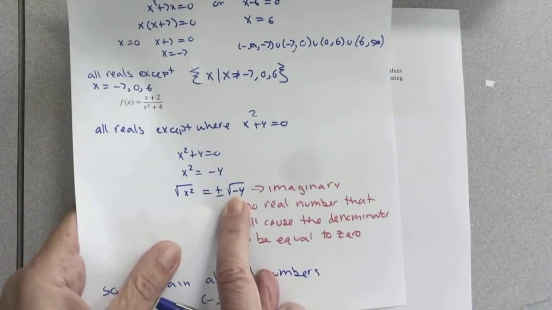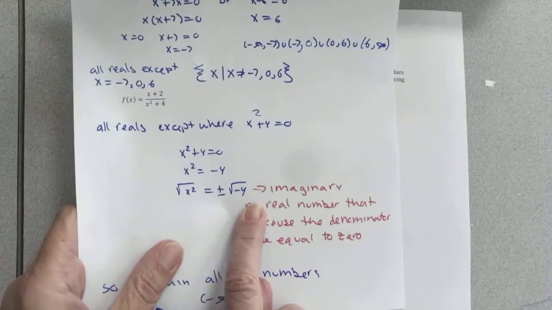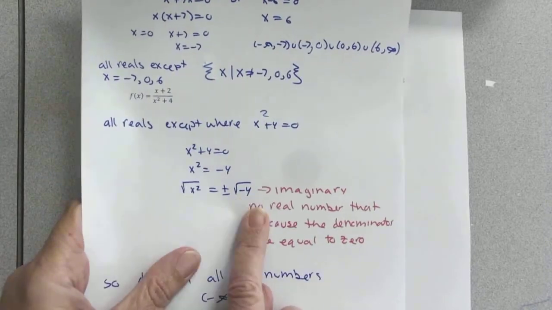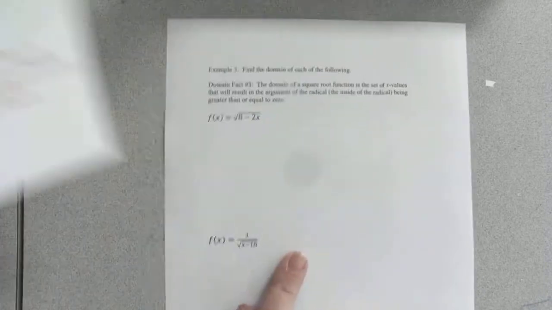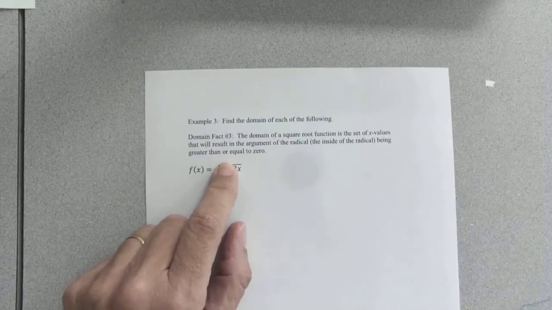We are not using imaginary numbers. So if I'm not going to use imaginary numbers, the inside can't be negative. And the way you make the inside not be negative is to say that it's greater than or equal to 0.